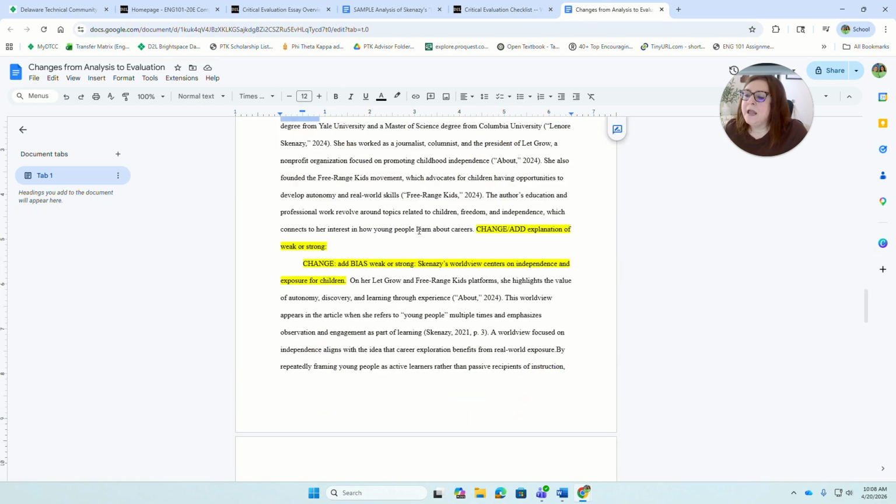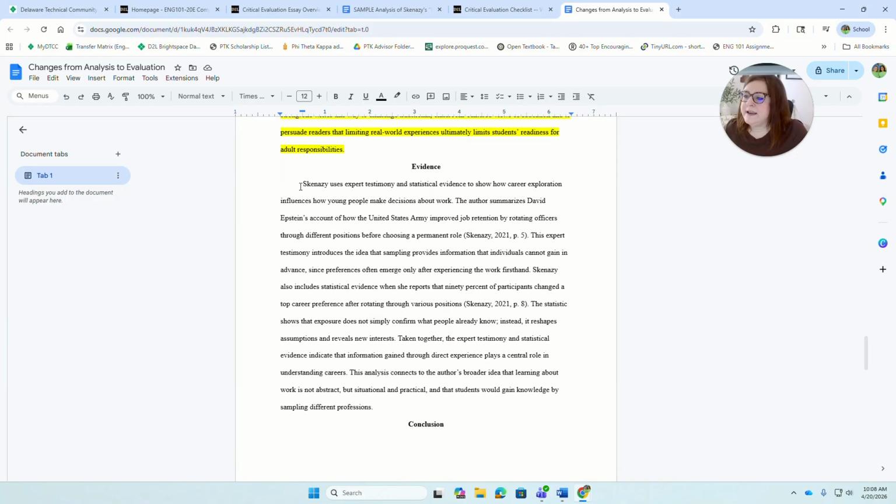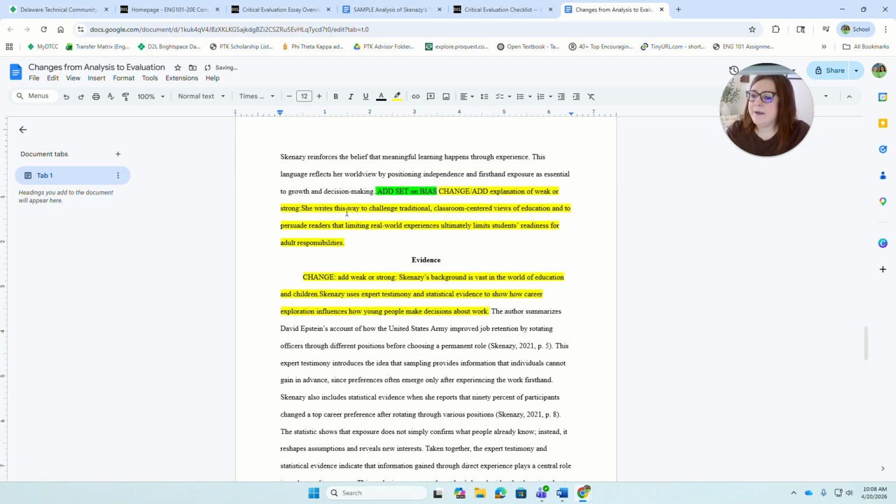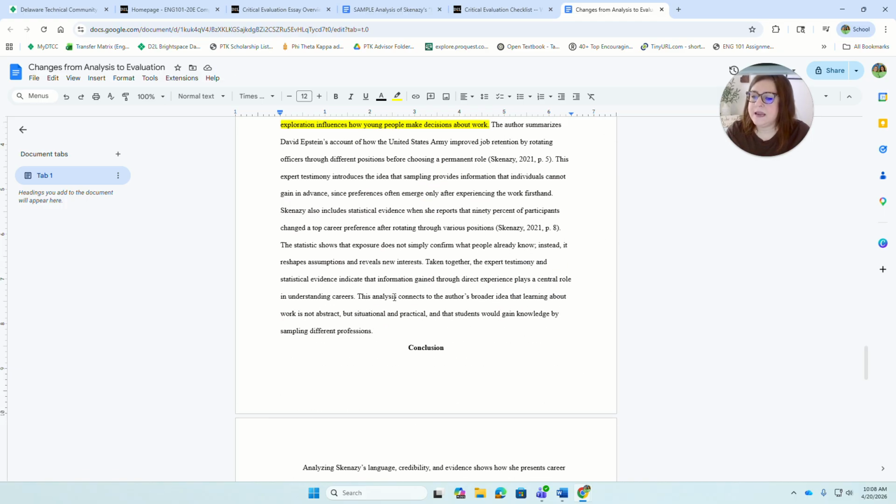All right. So let's go down here. We know that all that we need to do for the first one is just take a look at the claim. Remember, we're just going to change the claim. And then we're going to change the tie-in. So we've got the same thing going on here. It actually starts here. Okay, so this needs to change.